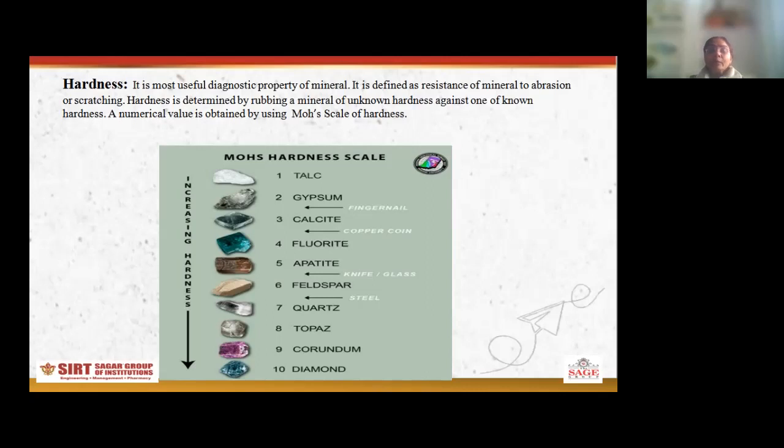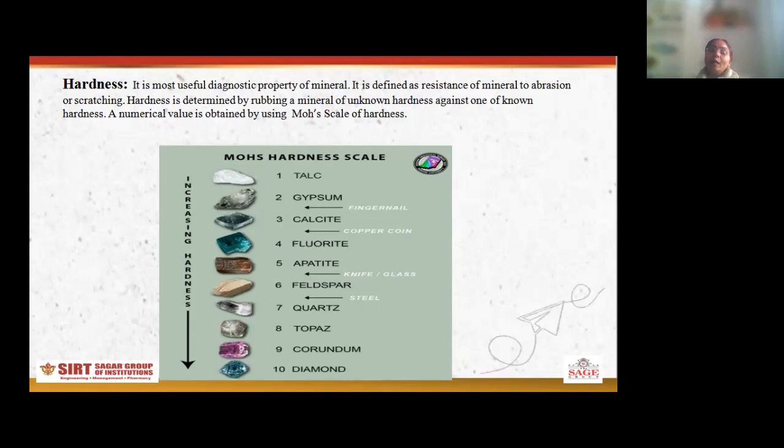Feldspar has hardness 6 and is not scratched by glass or knife; it is scratched by steel. And after 7, 8 and 9, they are not scratched by any mineral or any metal or any glass piece. So after 7, quartz, topaz, corundum and diamond are always found relatively.